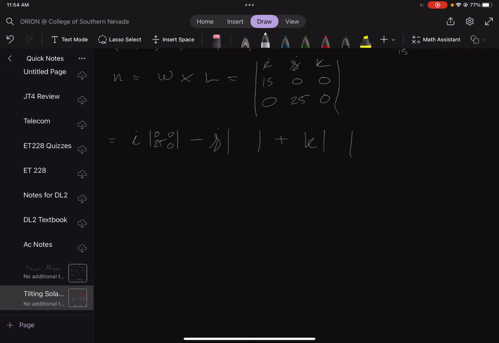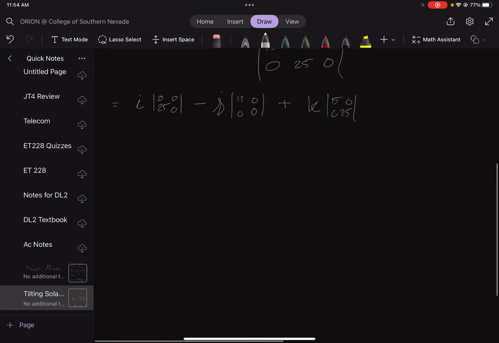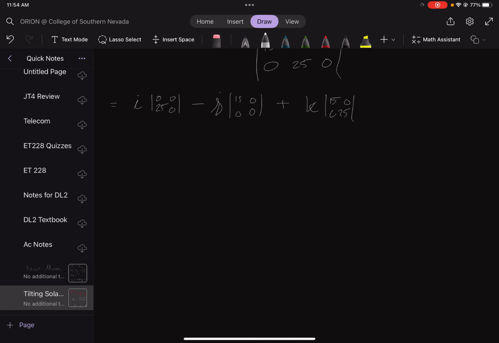For j, it's i and k. And then for, of course, k, it's going to be i and j. So when we multiply and do everything that we need to do, we find it to be 0i, minus 0j, and then plus 375k.